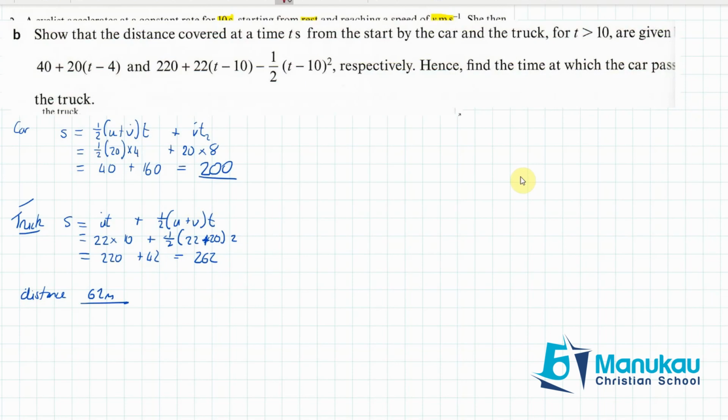Okay, at this point, guys, we need to show that the distance covered at a time t seconds from the start by the car and by the truck, for time greater than 10, are given by these two different formulas, and then find where the car passes the truck. Now, I'm just going to jot down some of the SUVAT equations, which we needed to be familiar with. We've got this one.